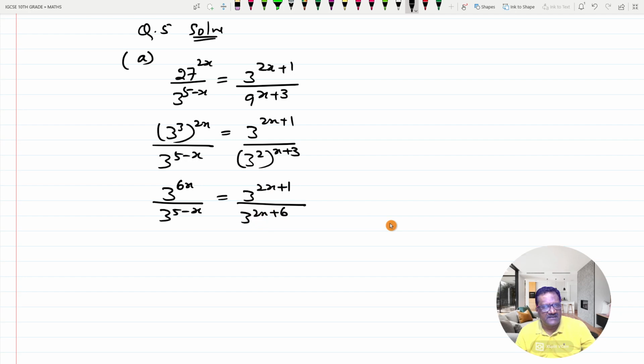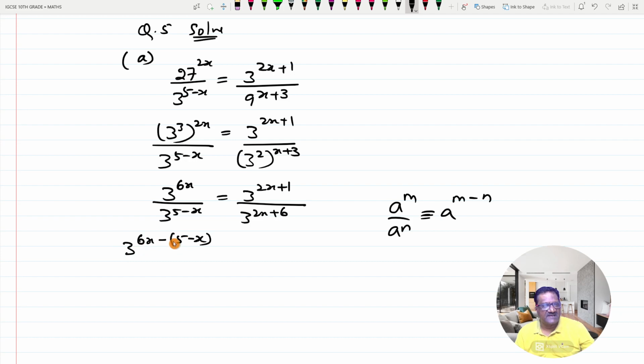Now I'm going to use this rule, whatever it is, 4 or 5. I'm writing here a raised to m upon a raised to n equal to a raised to m minus n. This is the rule that I'm going to use. So on the left hand side, I can write this as 3 raised to 6x minus 5 minus x.